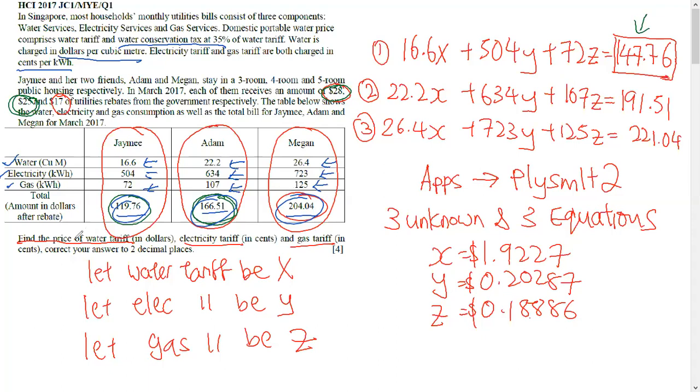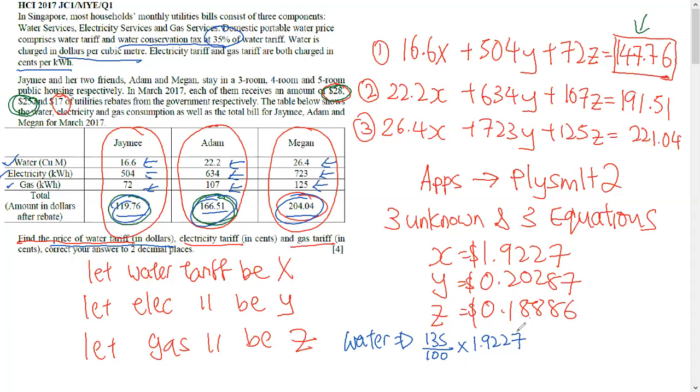Let's look back at the question. They want the price of the water tariffs in dollars. So don't forget, there was a 35% water tariff. So to get the actual cost of water, you need to use 135% multiplied by your 1.9227.